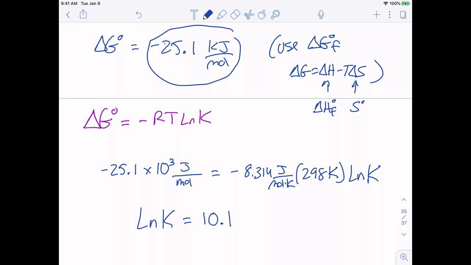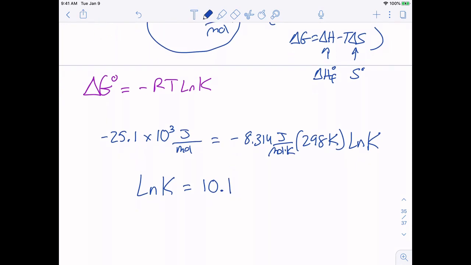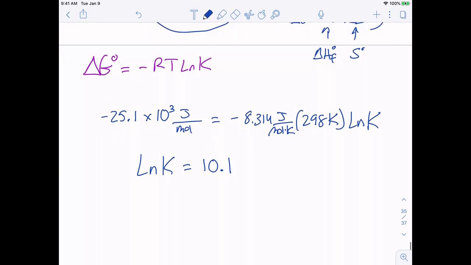And the reason I wanted to do this is we haven't used natural logs in a while. We did in chapter 12, which was the first chapter we did this semester, but I don't know that we have since, unless I'm forgetting something. But we need to take the anti-natural log, so that's where we have to use e. So my equilibrium constant is going to be equal to e raised to the 10.1.